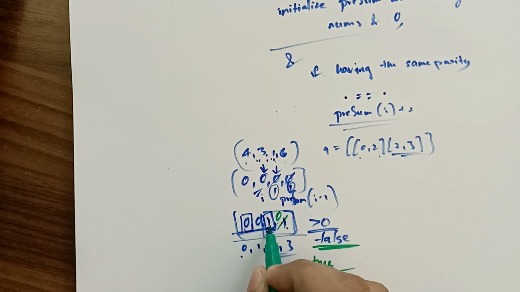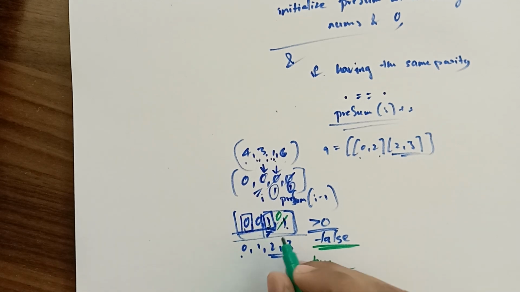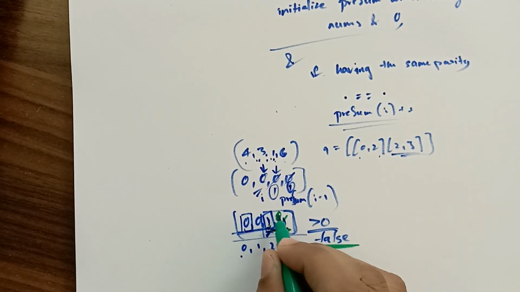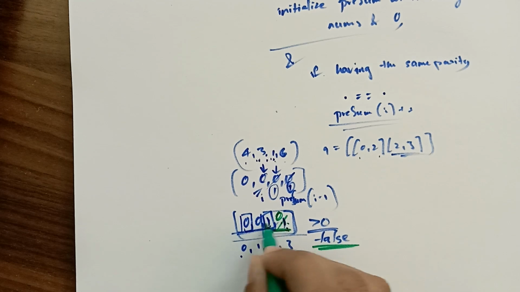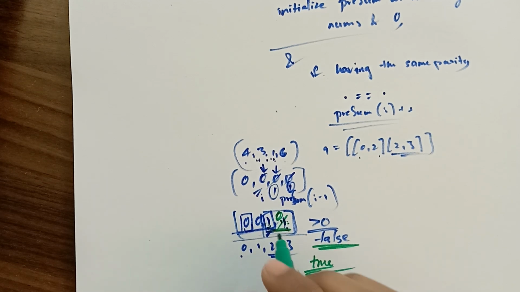That means the previous one had the same parity, but here we are having a different parity. So different parity should be returning true. This 0 is for the previous element. If they both are having different parity, then it will be 0. So this is how we'll be solving this question.